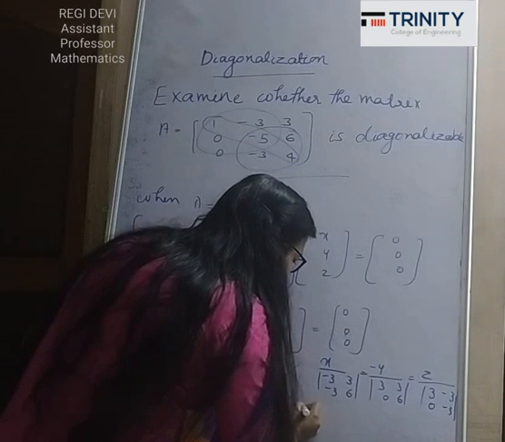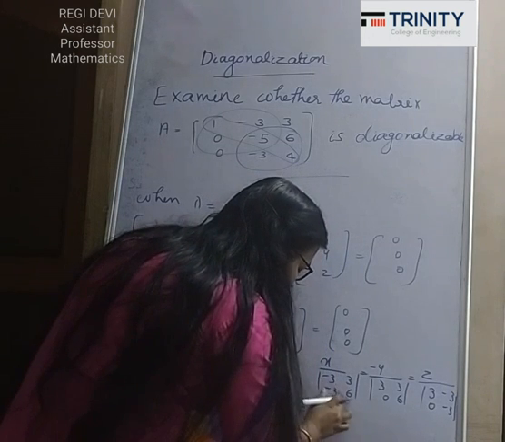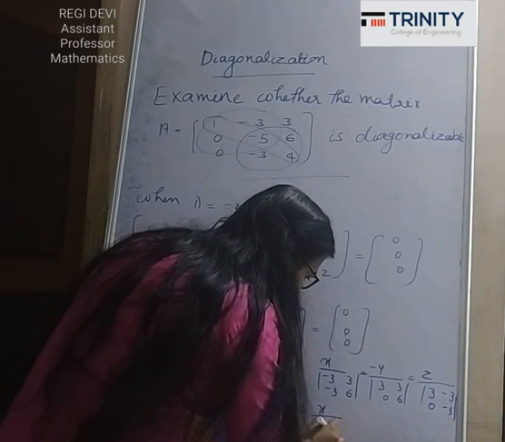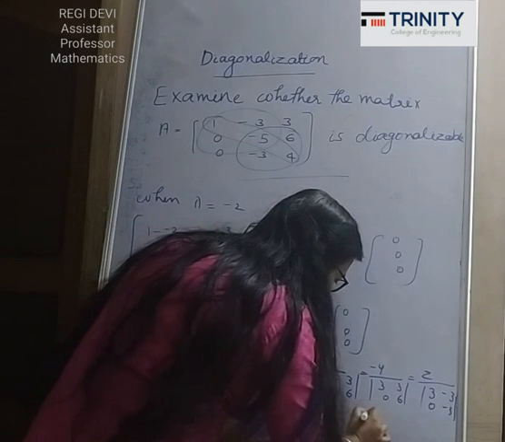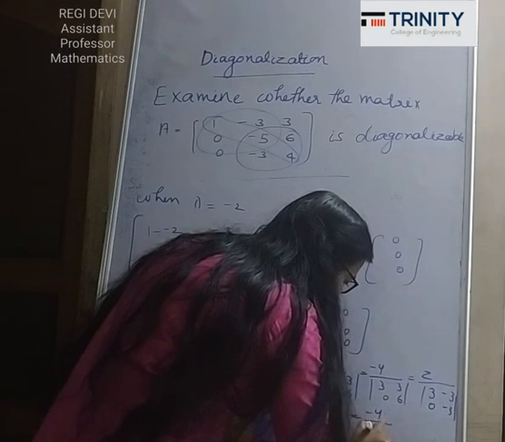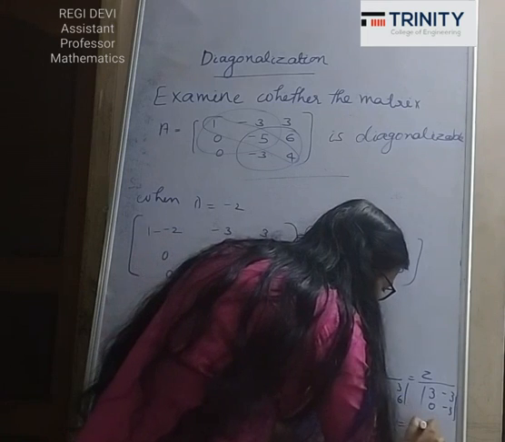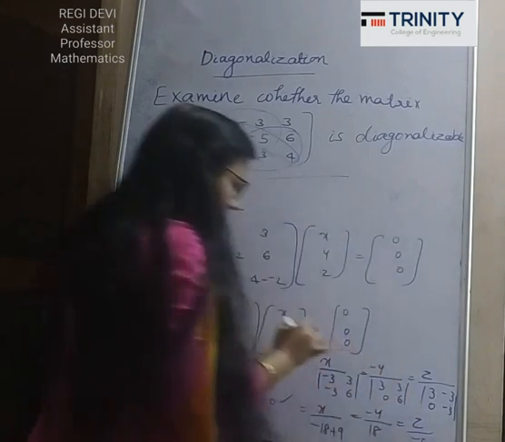That is x by minus 18 plus 9, equal to minus y by 18, equal to z by minus 9.